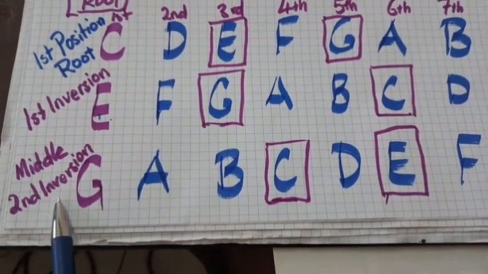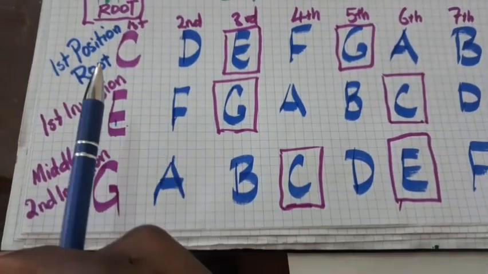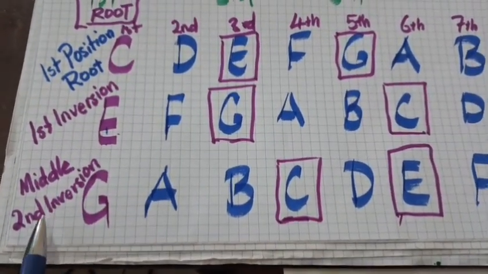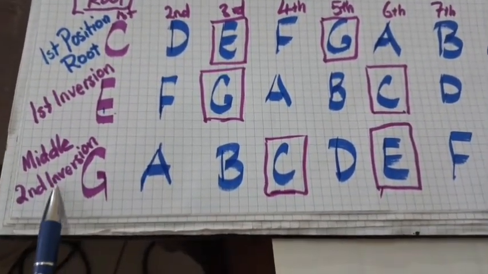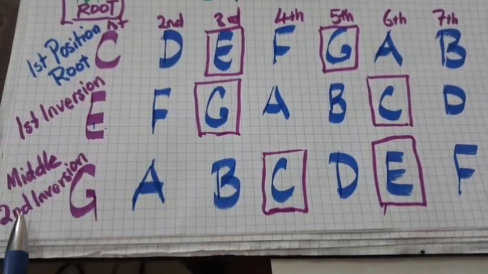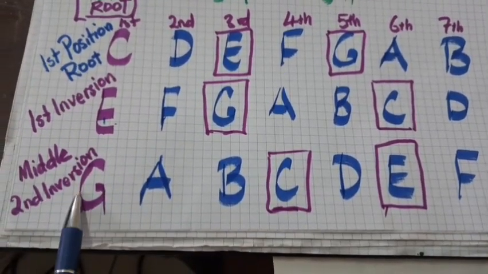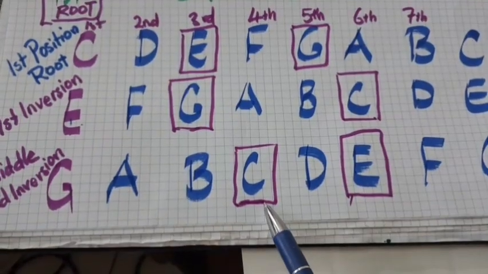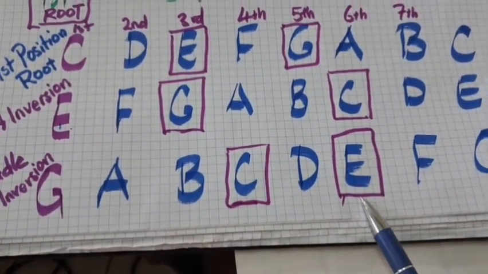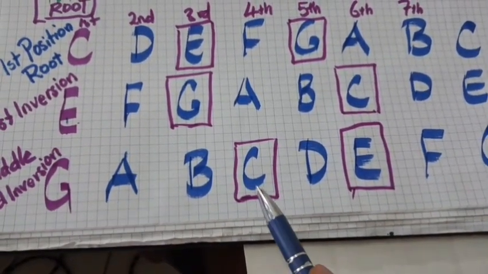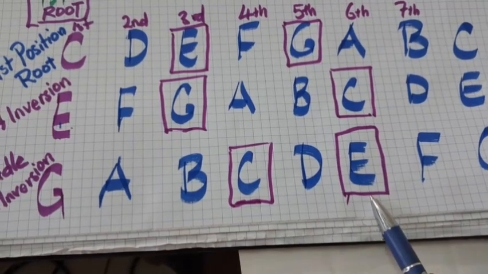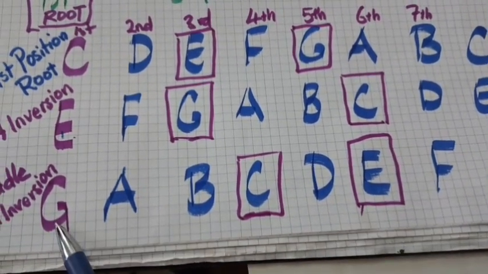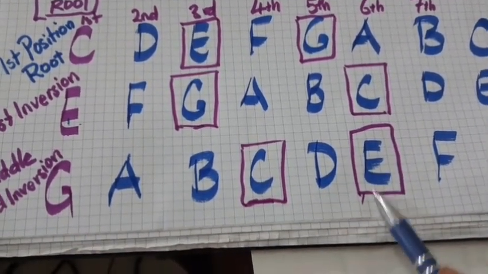Then our third position is the middle position, or the second inversion, and it starts with so, do, mi: G, C, and E.